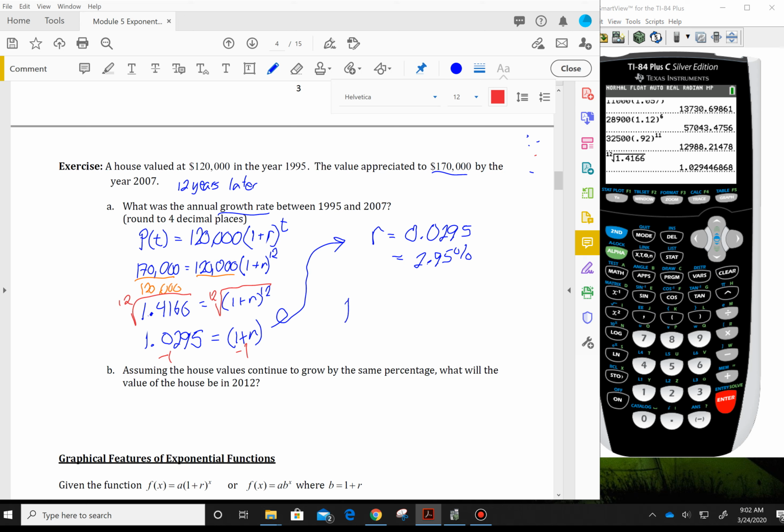And so I'm going to write the exponential growth curve P of t, our starting house value, the 120,000, times the 1.0295 raised to the t. And this is going to be the exponential growth model we use for part B, where it says, assuming the house value continues to grow by the same percentage, what will be the value of the house in 2012?